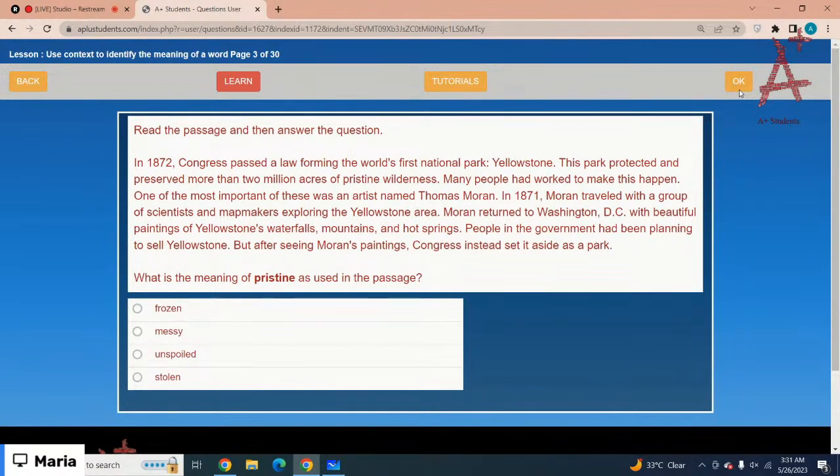The word pristine means, let's see, where is the word pristine in the paragraph? Yes, here it is. This park protected and preserved more than 2 million acres of pristine wilderness. Pristine means messy?